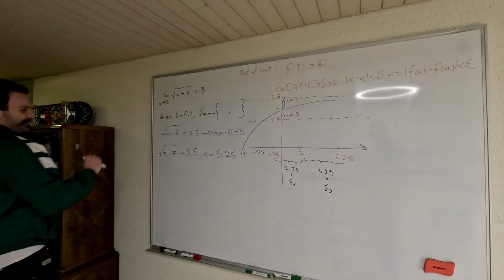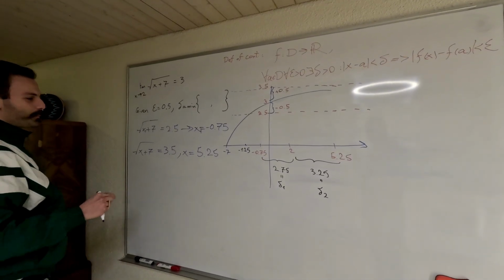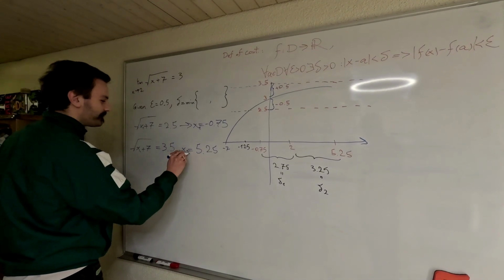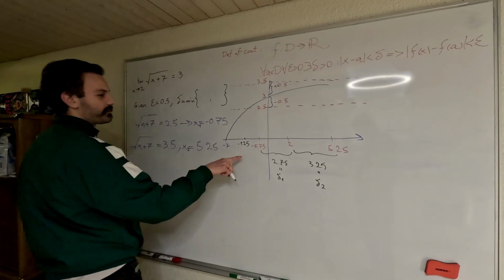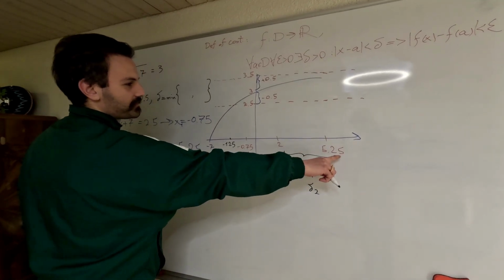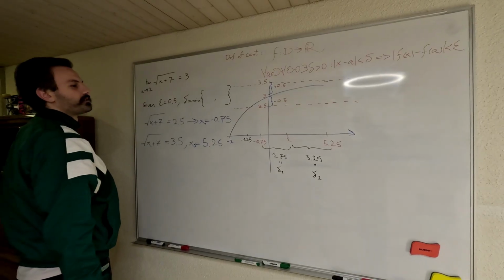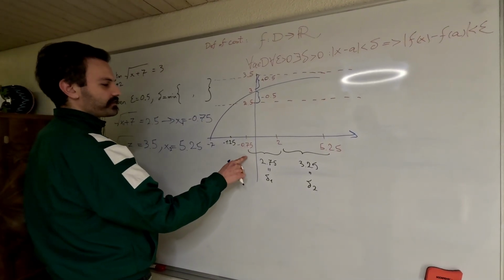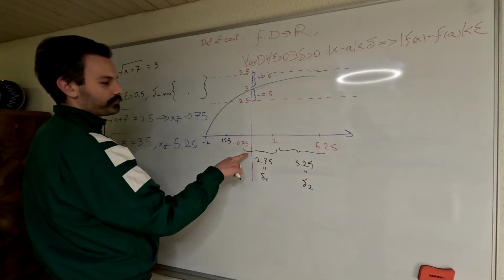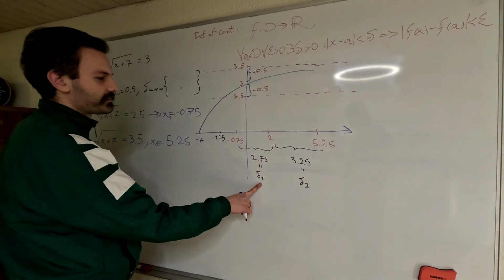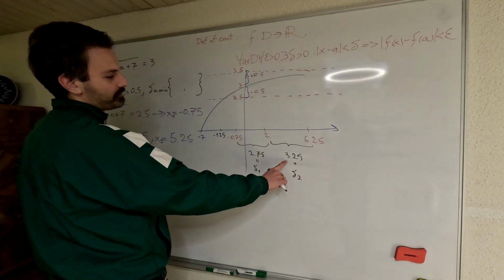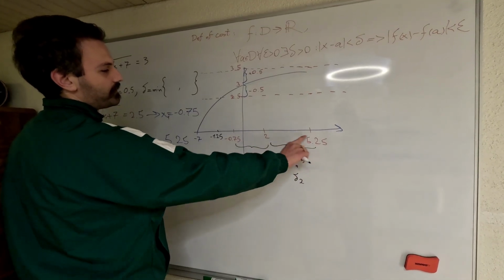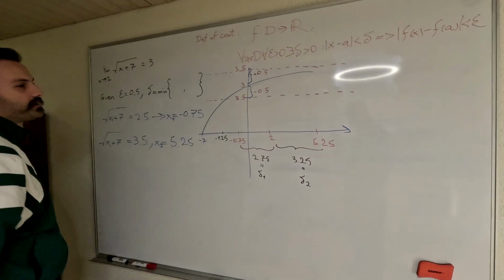Yeah. Okay. And if we draw these two values for x on our x-axis, then you see that the first delta is going to be 2.75. That is delta 1, and delta 2 is going to be 3.25. Like this distance and this distance.